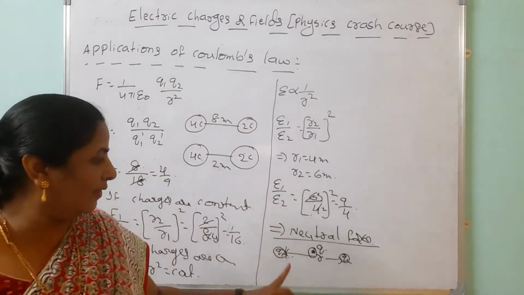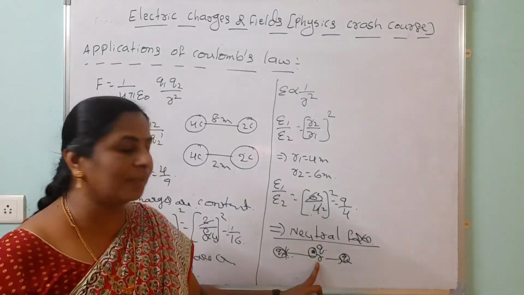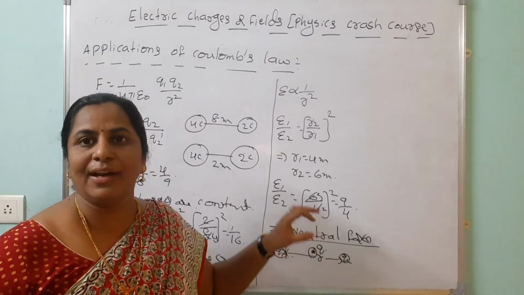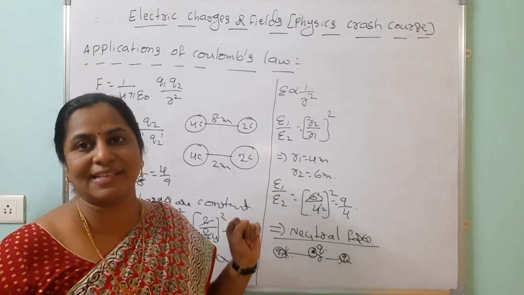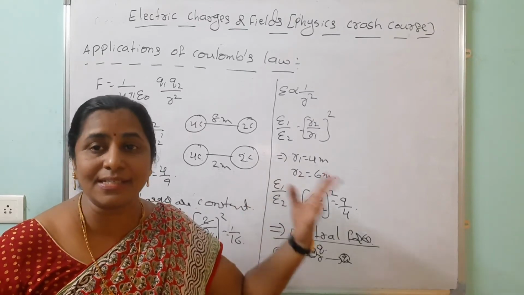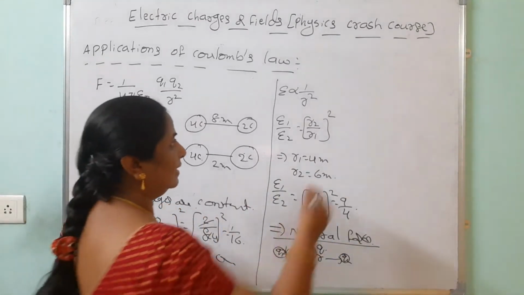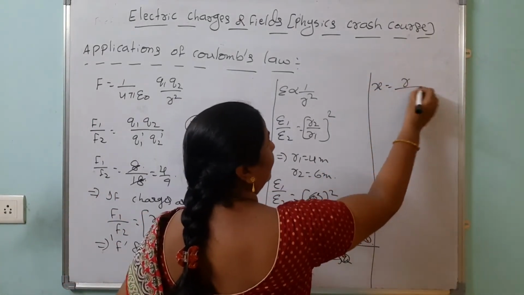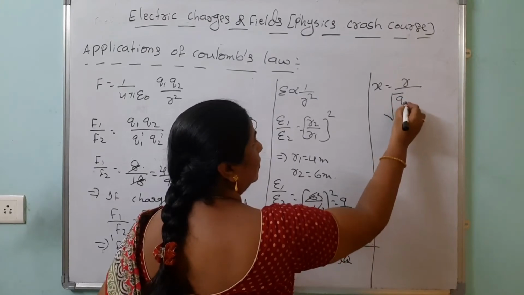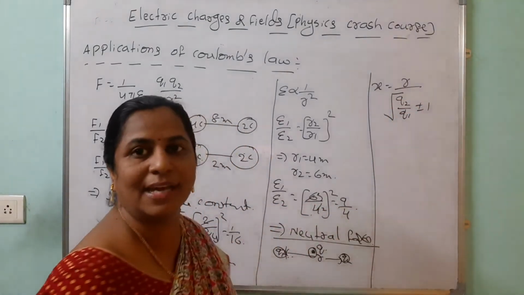Look here. We are taking how many charges? 2 charges only. Both are separated by distance r. Now we are placing one charge between them. At that time the resultant force is 0. At what distance are we getting the neutral point? Actually a direct formula is there. That is x equals r by (under root q2 by q1 plus or minus 1).